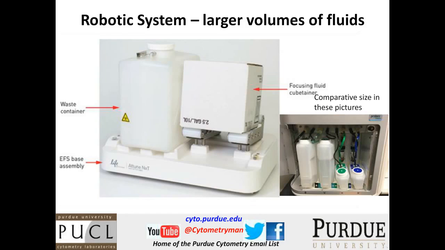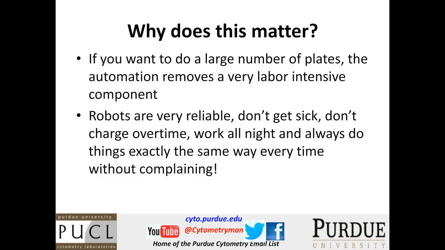This is a relative size, and this is quite a large container that sits on the floor, and that's required for the high number of plates if you were going to run the fully automated system. Again, haven't tested it, but I've seen it operating. So why does this matter? Well, I think if you're in an environment where you want to run a large number of plates, the one thing that's for sure is that automation is a very good thing.